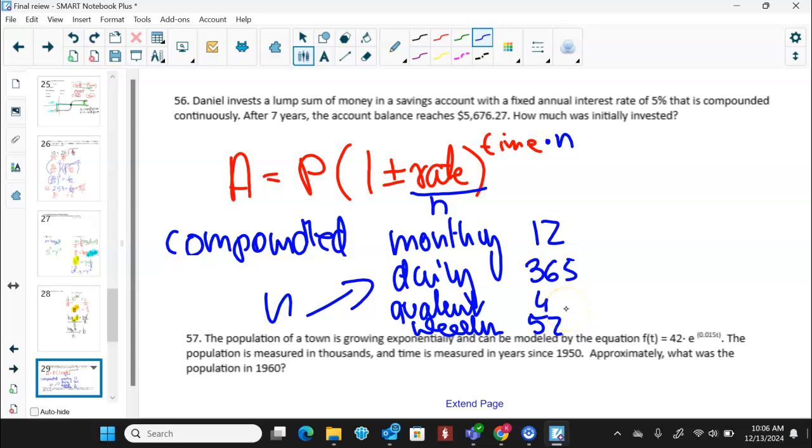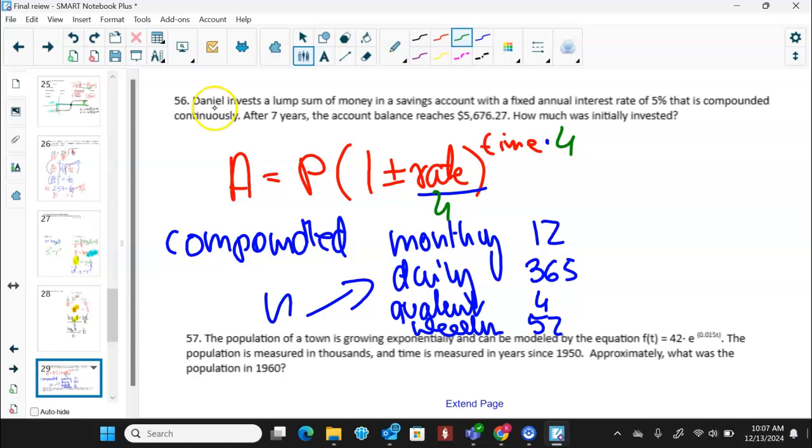So that means if a sentence says compounded daily, you're going to divide this by 365, and you're going to multiply this by 365. If it says quarterly, you're going to divide this by 4 and multiply this by 4, and so on. That is when it says compounded and then gives you monthly, daily, quarterly, or weekly.